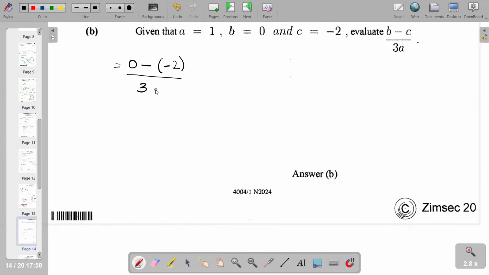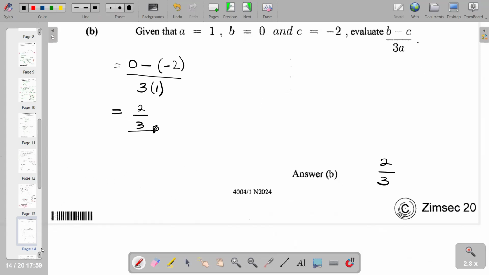Where there is a, we put a 1. This will be equal to minus 0 minus minus 2. It becomes 0 plus 2. So it becomes 2 over 3 times 1, which is 3. So eventually our final answer is 2 over 3.